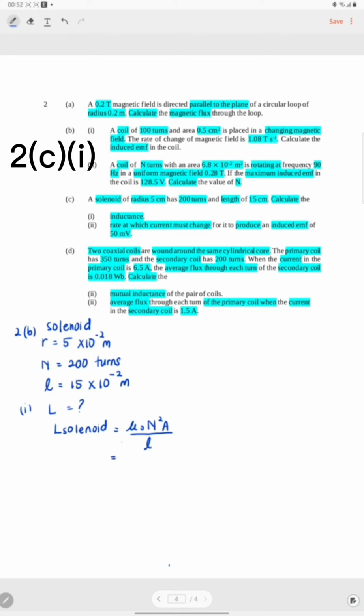Mu naught, as usual, we can get from the list of constants. The number of turns given is 200 turns, so squared.